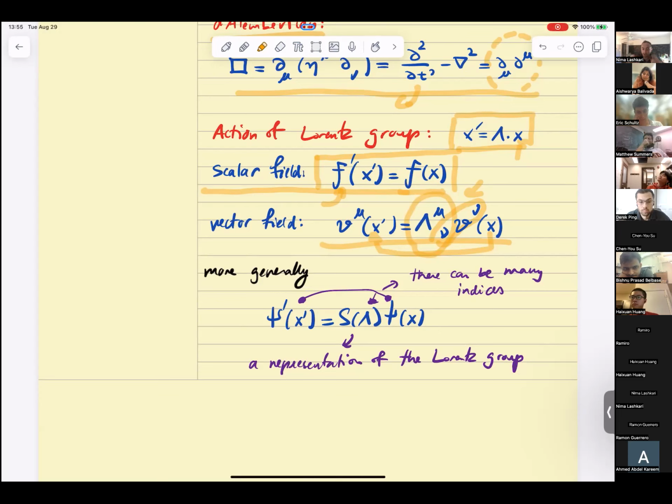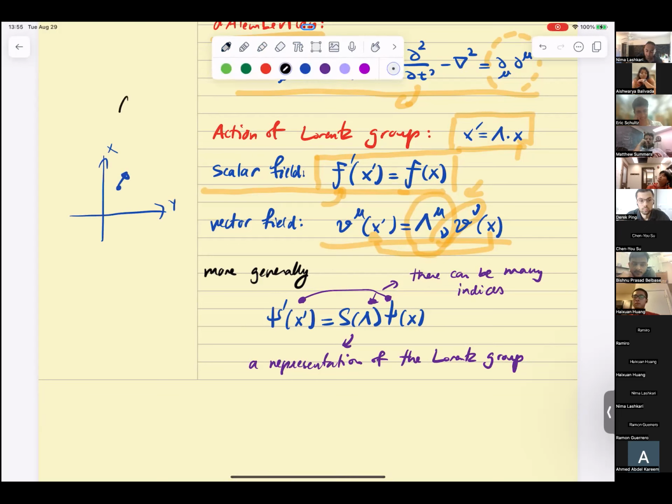So take x, y coordinates, and then take a vector and apply a rotation: cosine theta, minus sine theta, sine theta, cosine theta, right? There's nothing mysterious about this. The vector transforms in a particular way. That's a vector field, right?